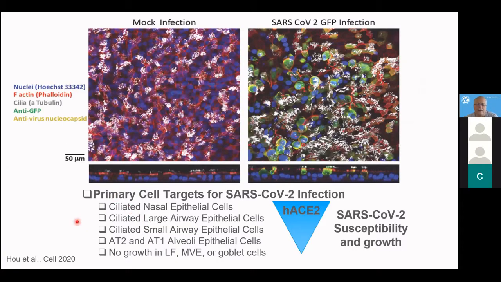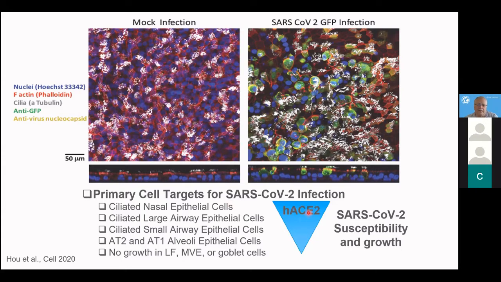Jacob, working with the Marsico Lung Institute at UNC, had done a very careful study where not only did he develop the molecular clone, but he worked to characterize the gradient of cells in the human upper and lower respiratory tract that were susceptible to SARS coronavirus 2 infection.